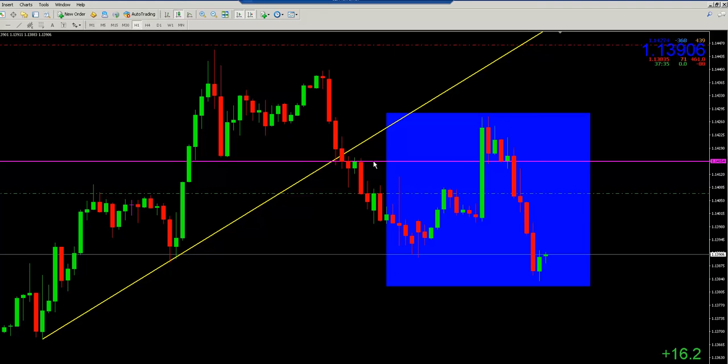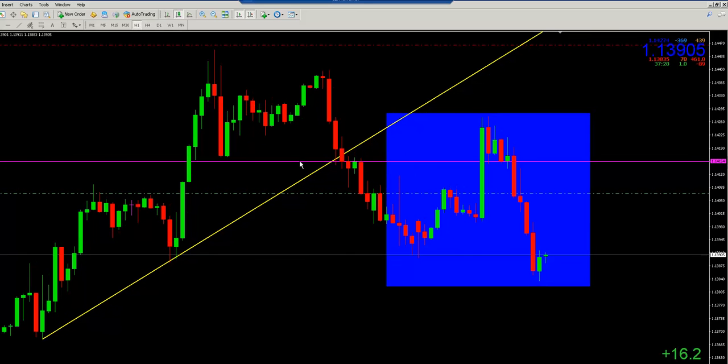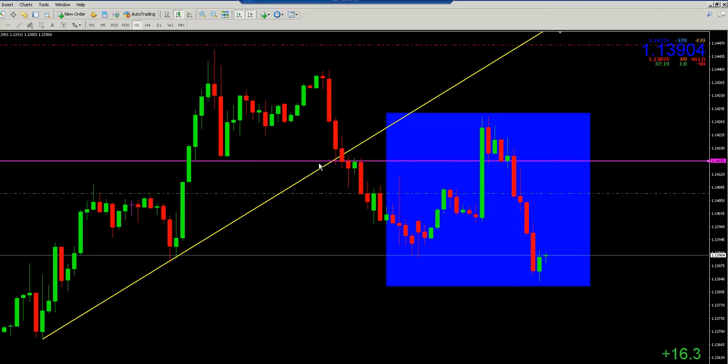Somebody might say let it be at the close of that candle. My line is not moving. You could place it there, you could place it spot on where it broke out, or you could place it at the bottom of that candle. I choose to put it there.